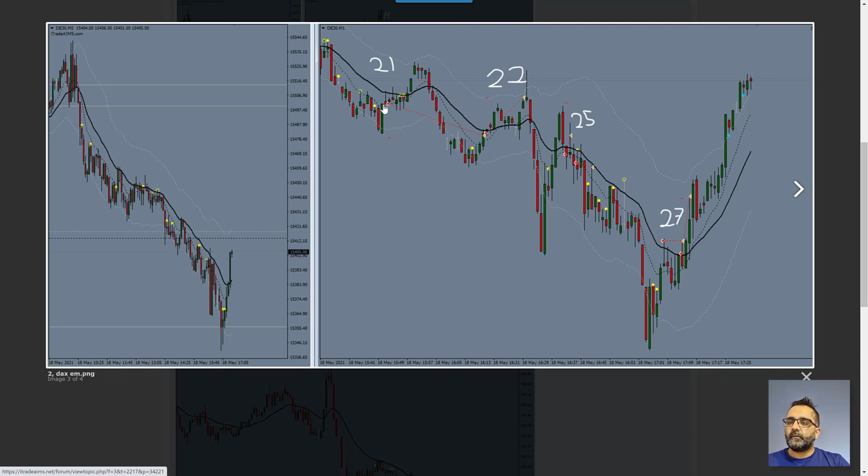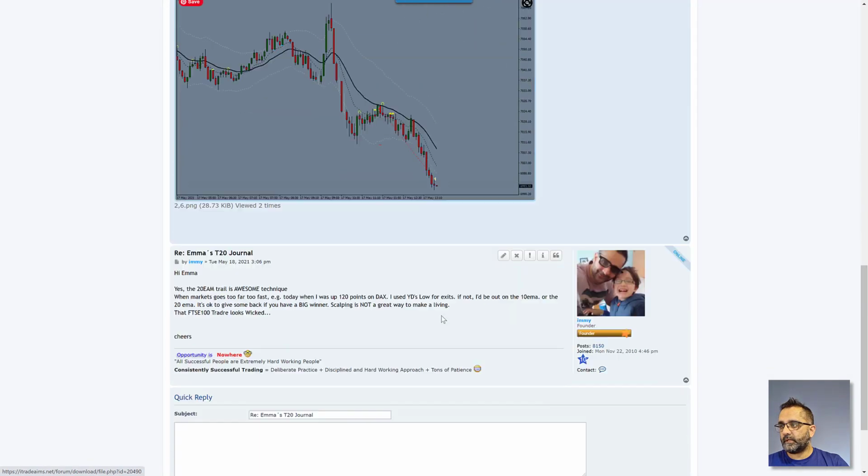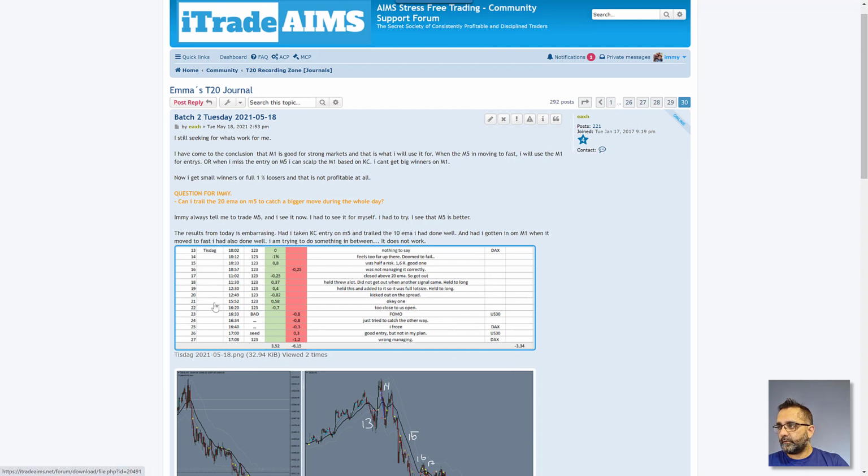Okay, so is this a short? That short got in too early. Or was it a buy? I don't get it. Okay, let me see. 21. 21 is a sell.